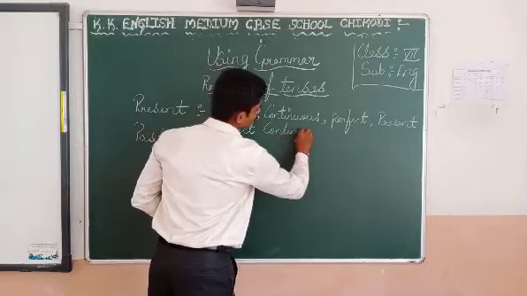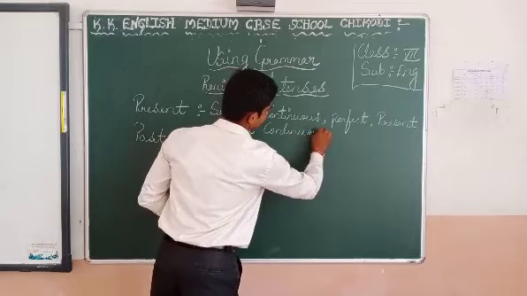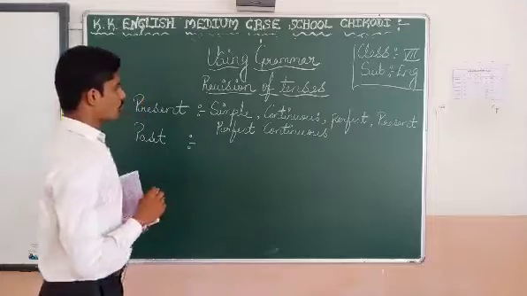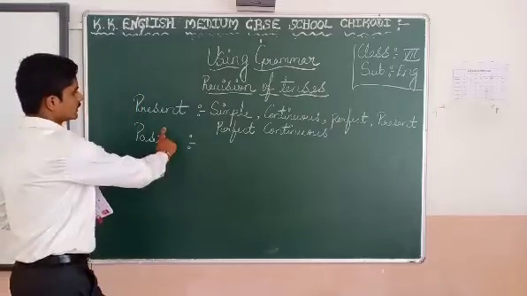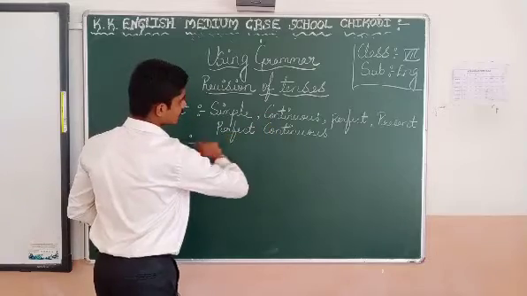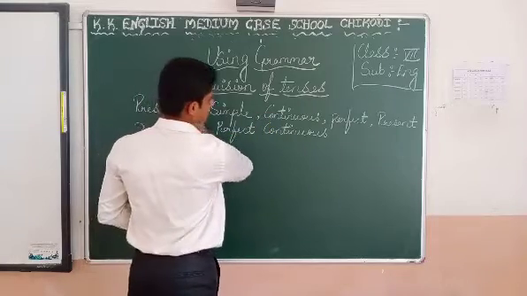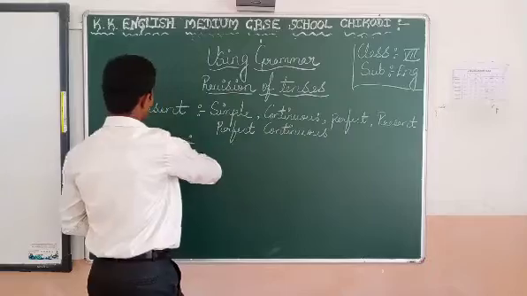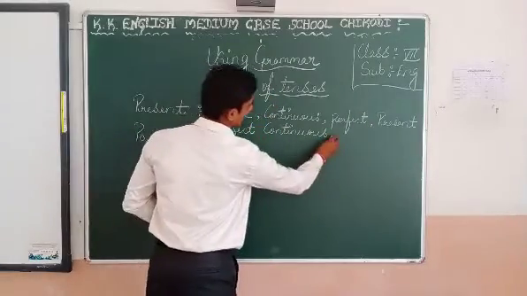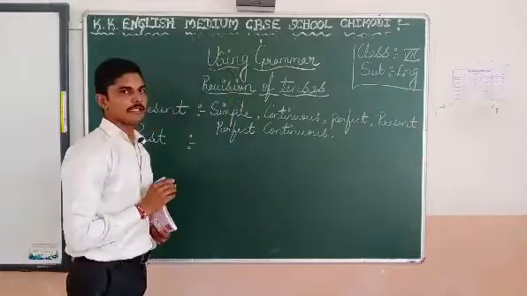These are the forms of tenses. These are known as forms of the tenses. So how can you know about this? First we have simple present, then present continuous, then present perfect, then at last present perfect continuous. So here we have four forms of the present tense.